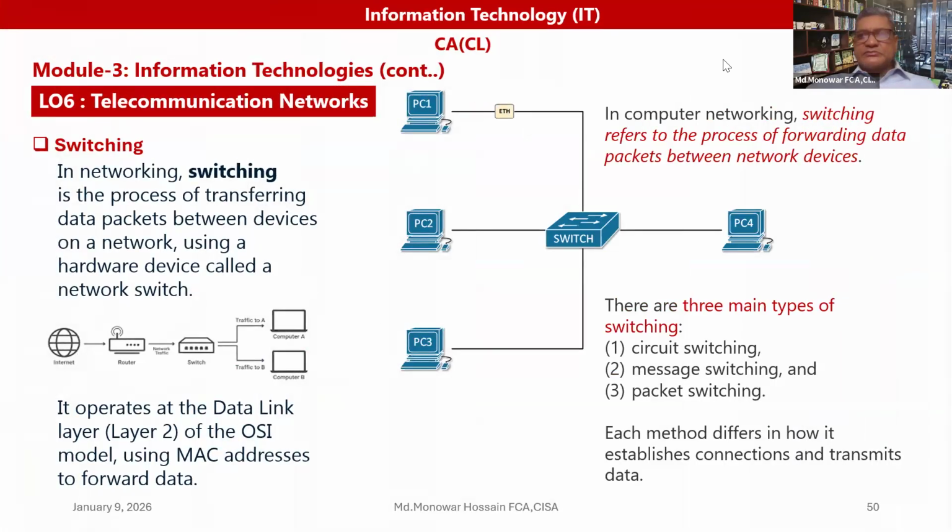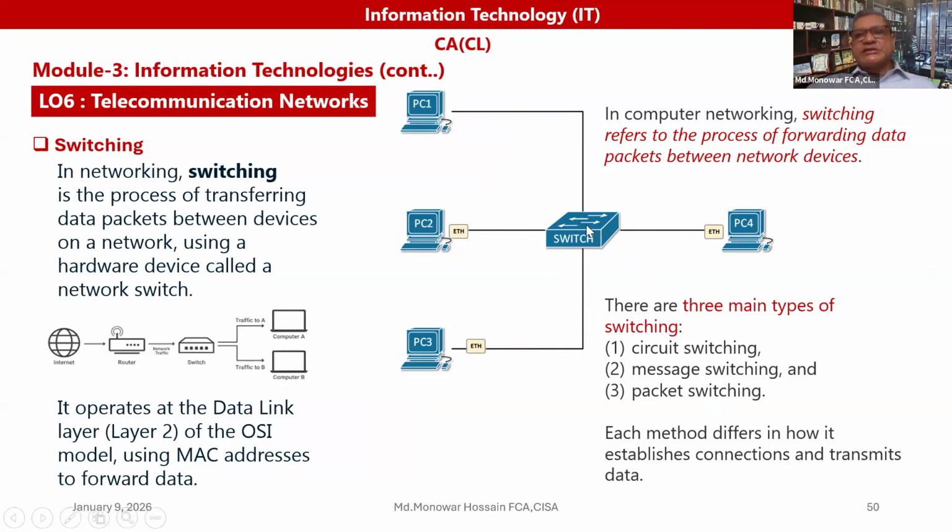Now the switching. What is switching? Switching is a process of transferring data packets between devices on a network, using hardware devices that we call a network switch. So look here, this is the network switch.